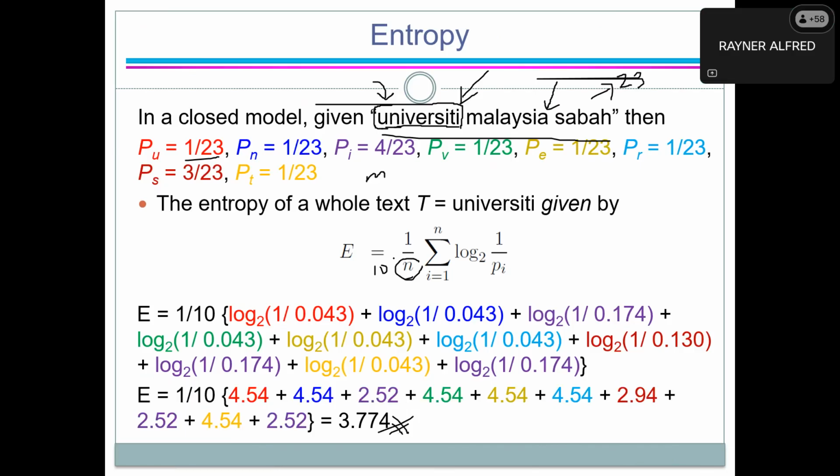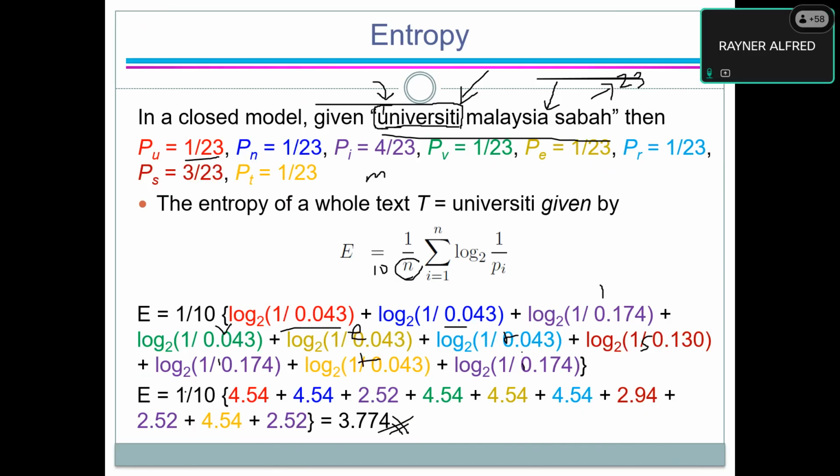That means for each of these, this is for the U, this is for the N, I, V, and this is the E, for "university".